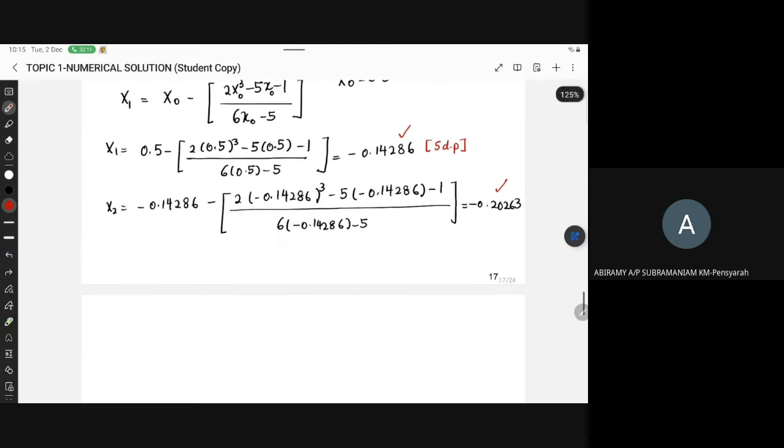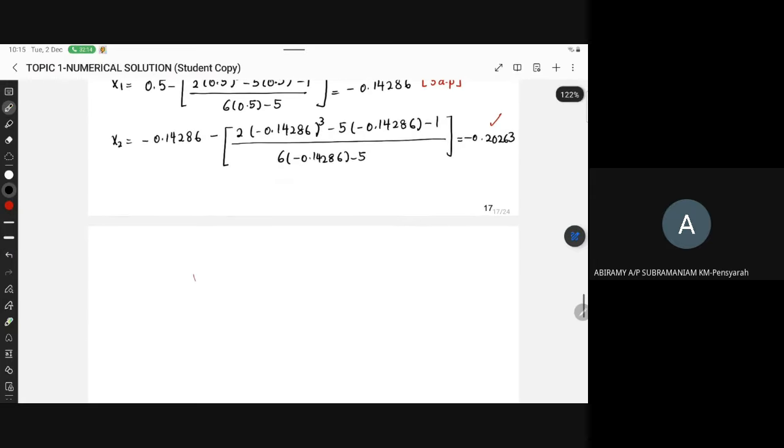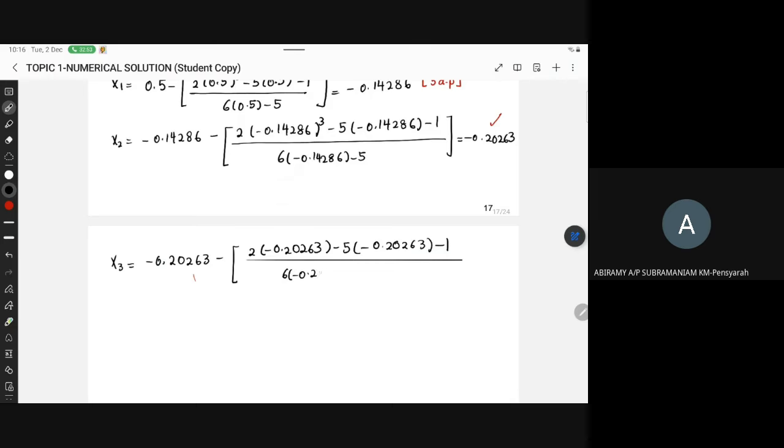Okay, so we are going to continue this for x3. For x3, we will be using the value of x2, negative 0.20263, minus 2 times negative 0.20263 cubed, minus 5 times negative 0.20263, minus 1, divided by 6 times negative 0.20263 squared, minus 5.